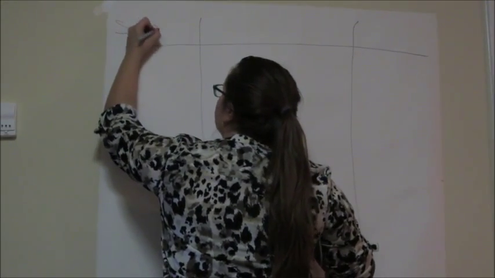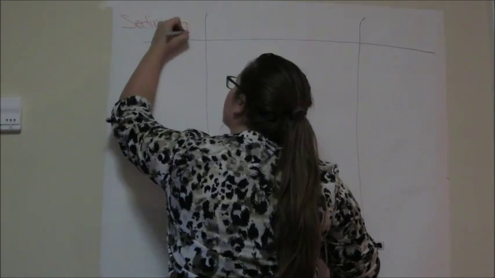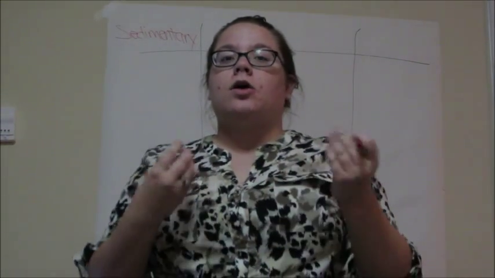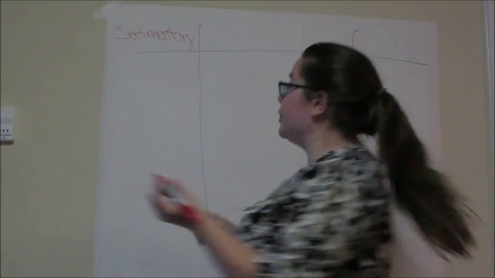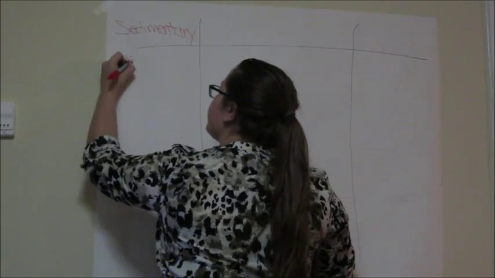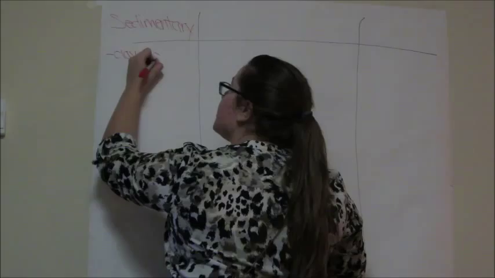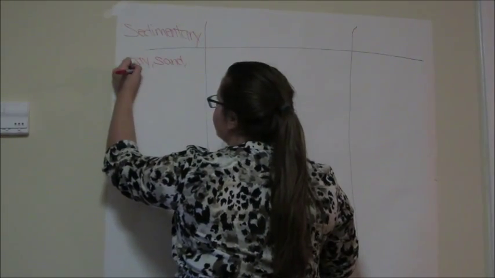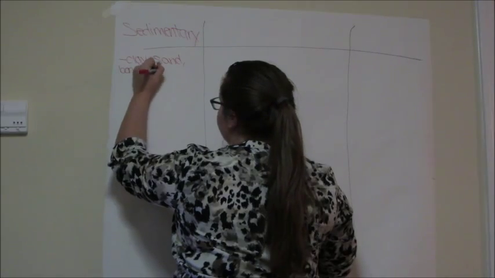Sedimentary rocks. These rocks are made up of many different pieces called sediments. Sediments can include clay, sand, bones of animals, and shells.